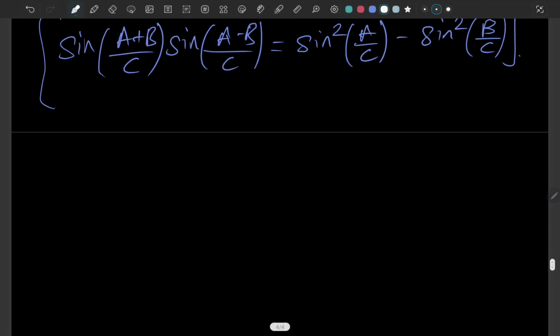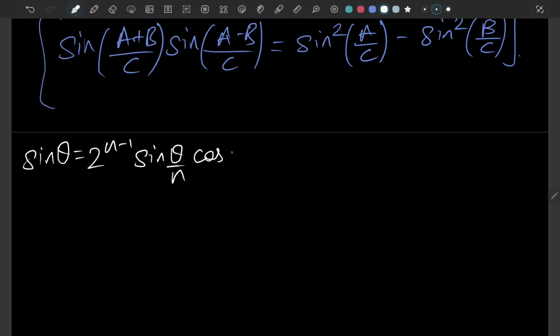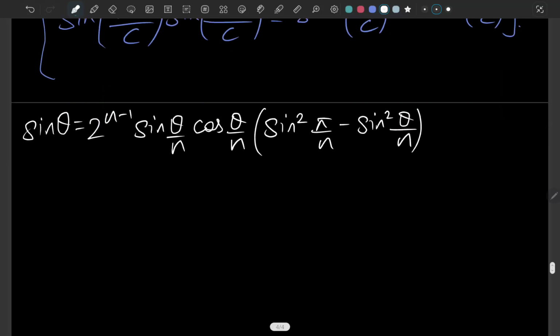Let's do that here. So we can write that down as sine theta equals 2 to the n minus 1, right? Then sine theta over n and cosine theta over n, just leave them alone and let's play around with the other things. So there's sine squared of pi over n, as I just said, minus sine squared theta over n. Then the next one, sine squared of 2 pi over n minus sine squared of theta over n.